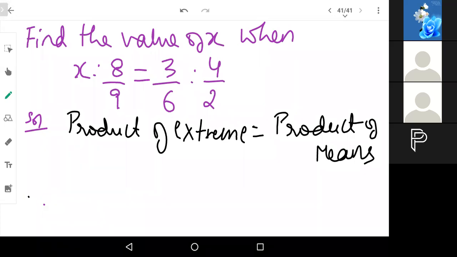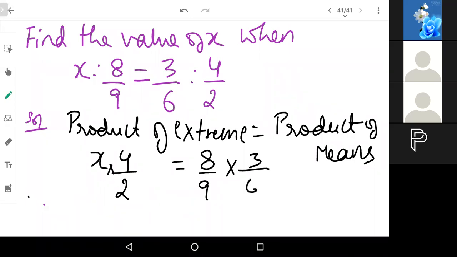Now product of extremes, extremes are x and 4 by 2. Okay, so product of extremes is x into 4 by 2 is equal to product of means, 8 by 9 into 3 by 6.